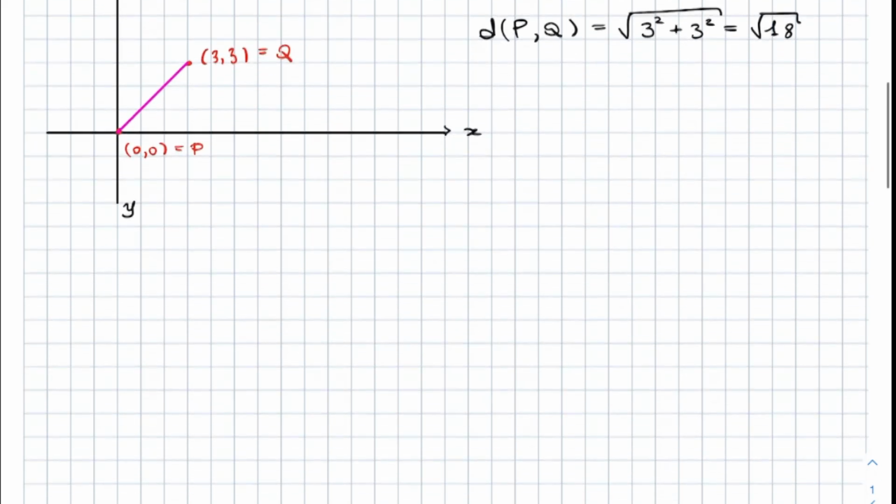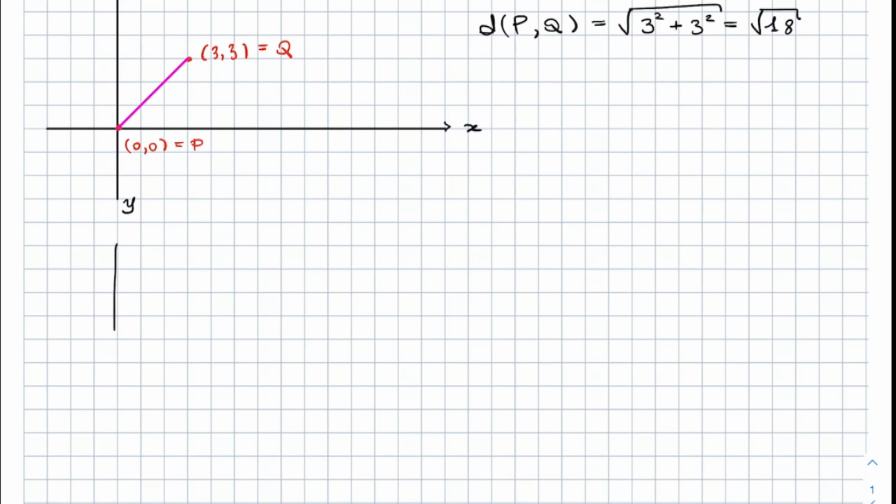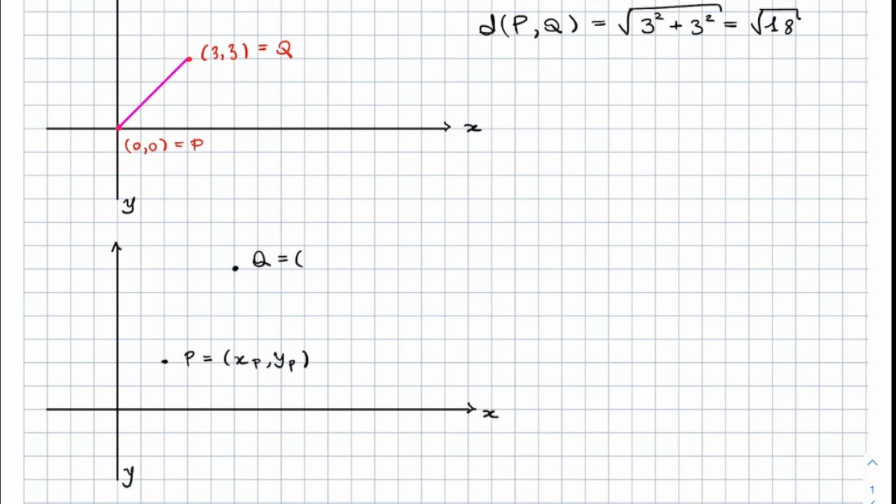So let's say that we take once again the axis y and x, and in this case we take 2 points which are general, by which we mean that we are not saying their coordinates are equal to some numbers. We are just saying we take 2 points, P equal xp, yp and Q equal xq, yq.